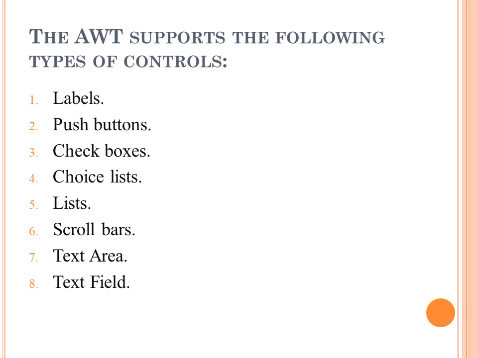So these are the various controls that the AWT supports. I will repeat once again. First one is label, second one is push button, third one is checkbox, choice list, scroll bars, text area, and text field. Now we will study the first component, that is label.